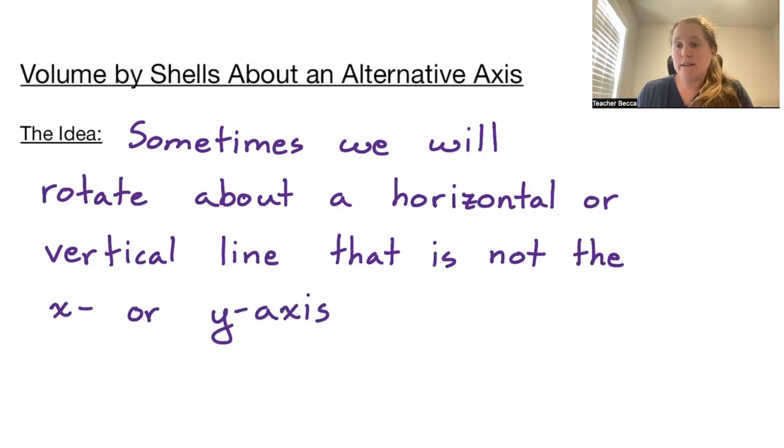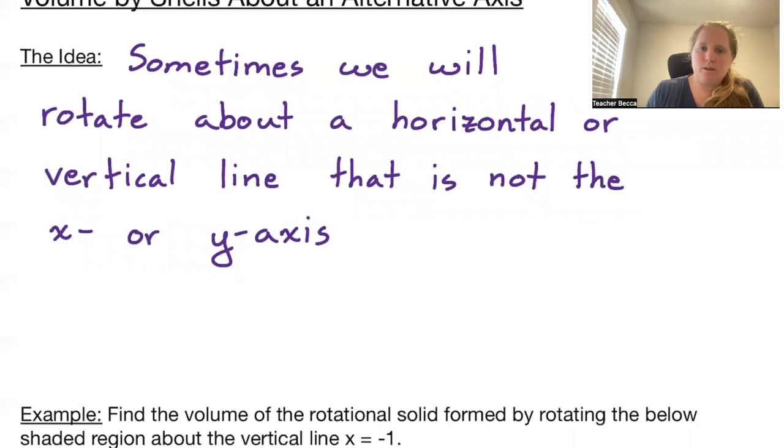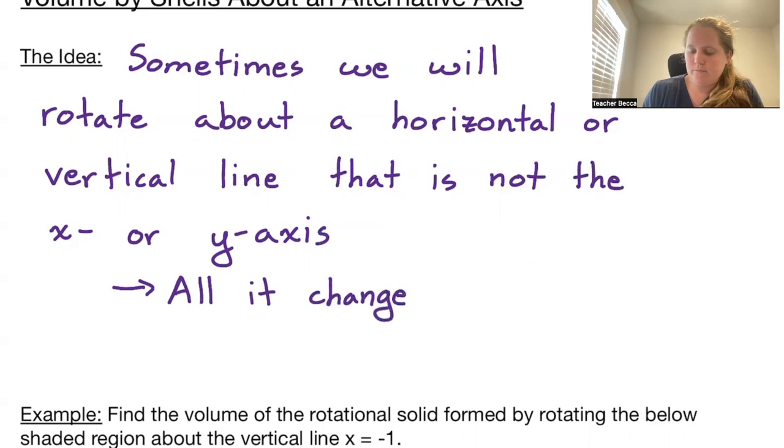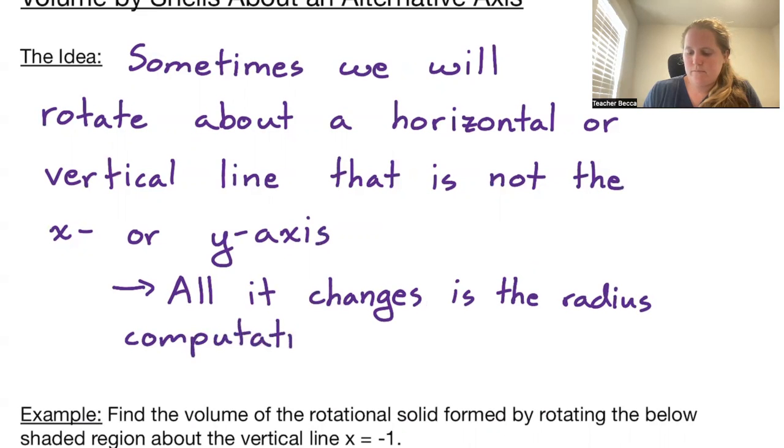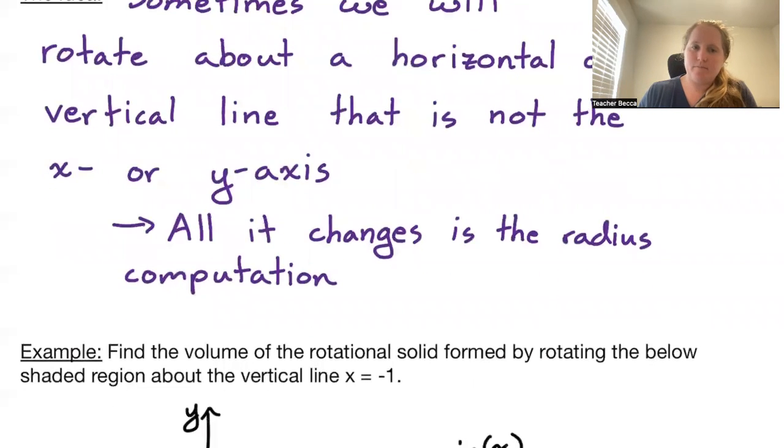And all that does is it changes our radius computation. All it changes is the radius computation, and so we just subtract off essentially the axis.